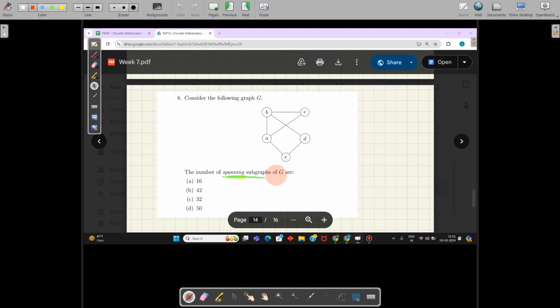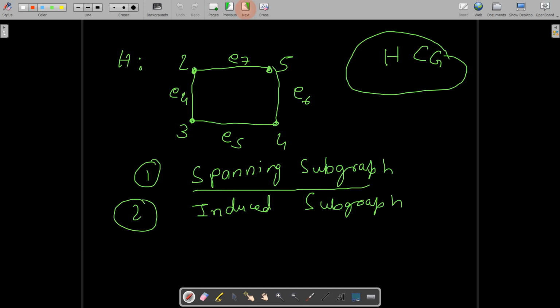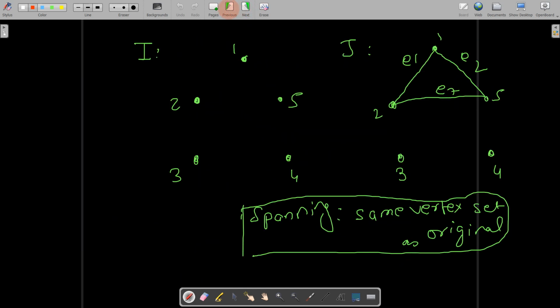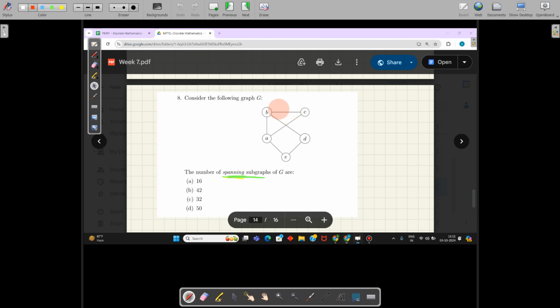With this background, let us try to answer this question. For a graph to be a spanning subgraph, what has to be there? You have to pick all the 5 vertices. And edges have an option, they may or may not be present, no problem. So this edge in the subgraph may or may not be present. It has two options.